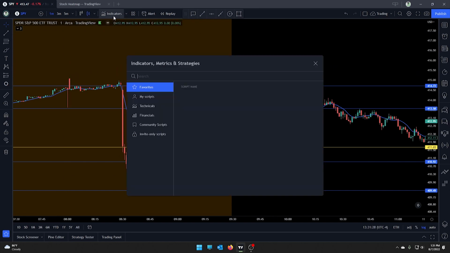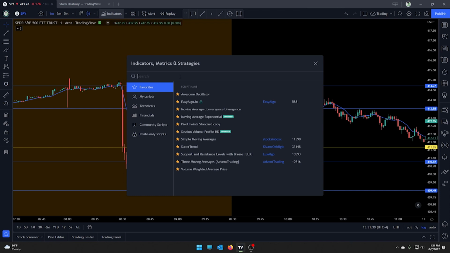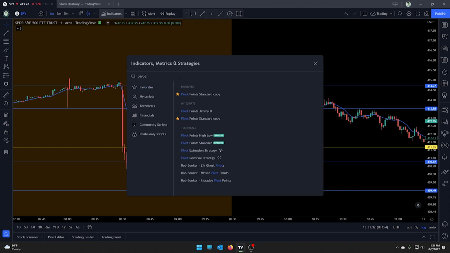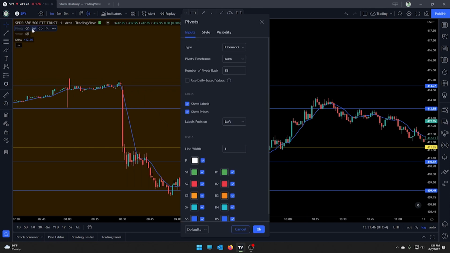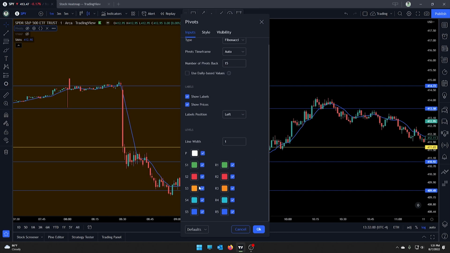If you go into your indicators in TradingView and type in pivot points, you want to find Pivot Points Standard. Click that. It will add it to your chart. Once it's there, click Settings, change the type to Fibonacci, time frame to auto, number of pivots back to 15, uncheck Use Daily Based Values, and I also change the colors of the lines.